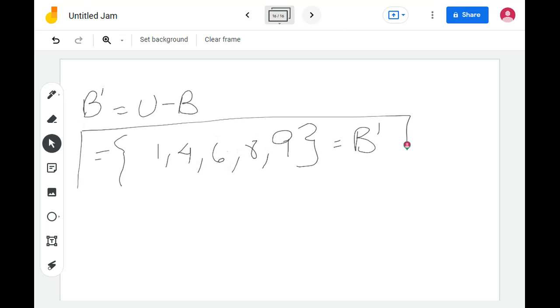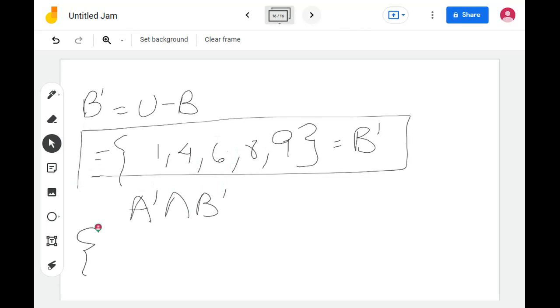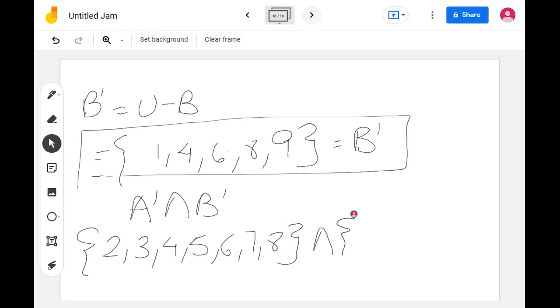Now the intersection, A complement intersection with B complement. Our B complement is 1, 4, 6, 8 and 9. Now what is the intersection? What is common in both? Just a second.